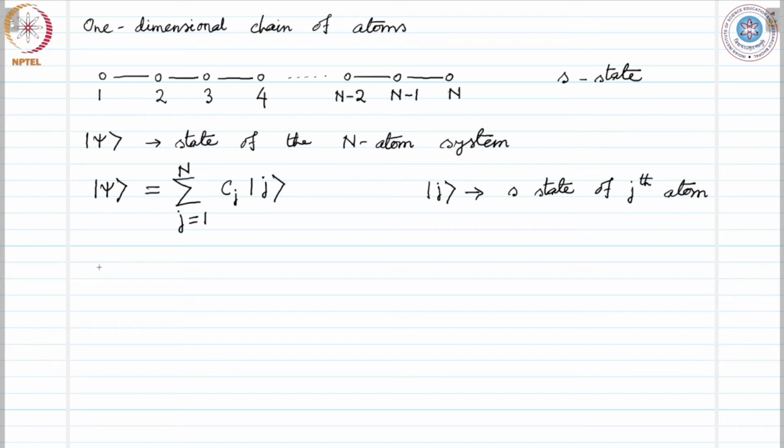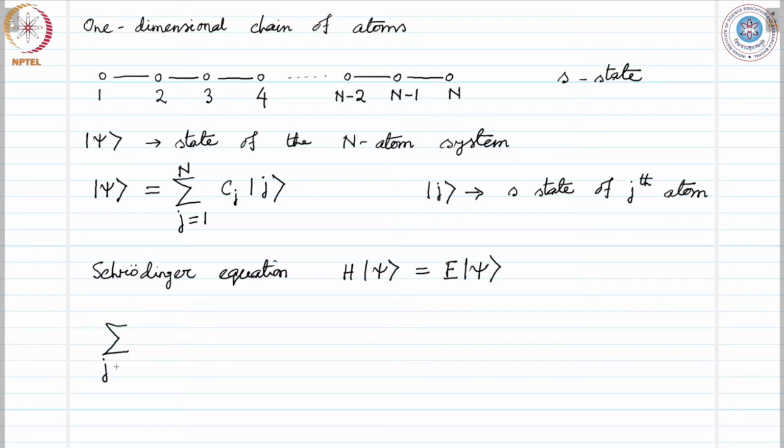So we need to write the Schrödinger equation, which in its time independent form is just an eigenvalue equation, H psi equals E psi, and in terms of the linear combination of psi this can be represented as sum over j equals 1 to n, Cj, Hamiltonian acting on the state j.